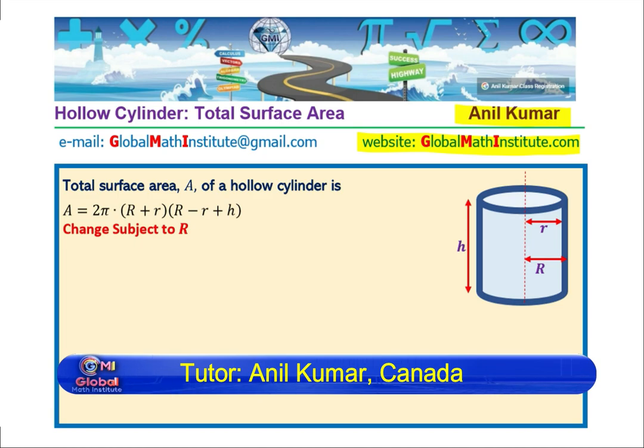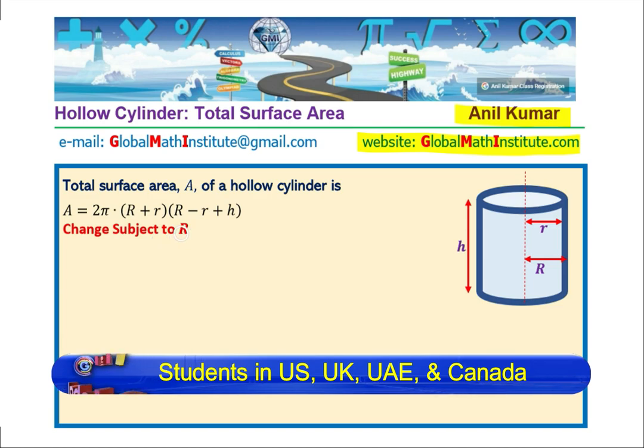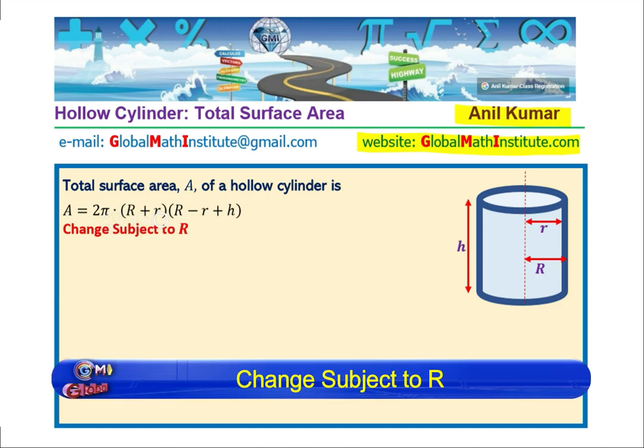In this video, we'll understand how to change the subject to capital R for the total surface area of a hollow cylinder. The formula given to us is A equals 2 pi times (R plus r) times (R minus r plus h). You can look at my video on the derivation of this formula also.